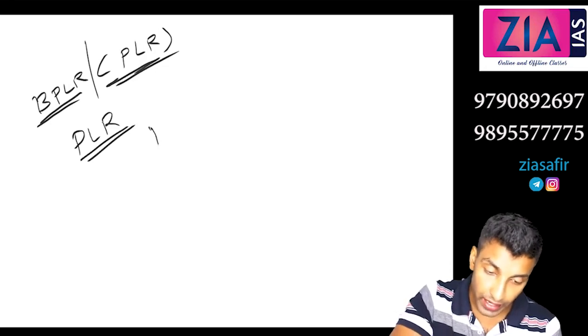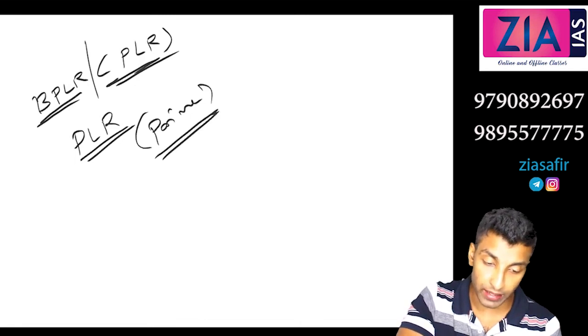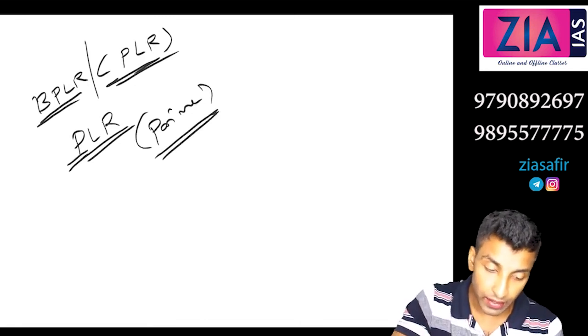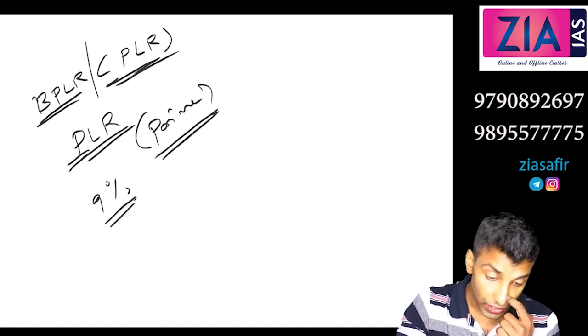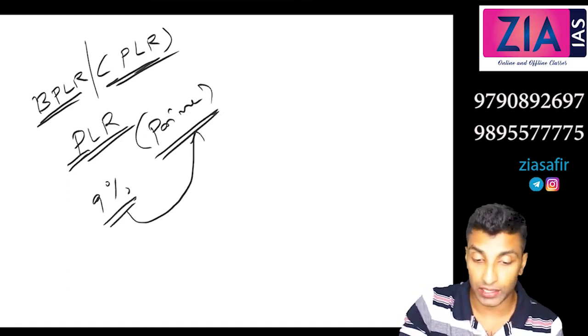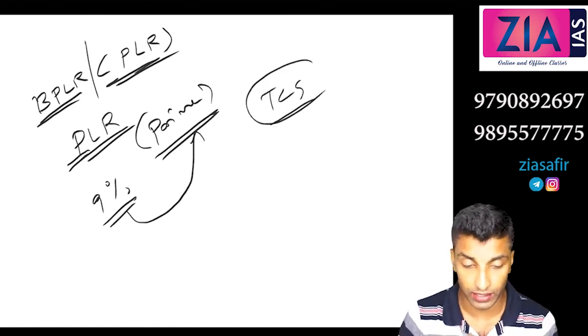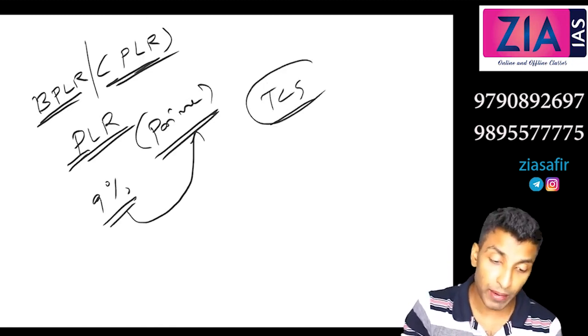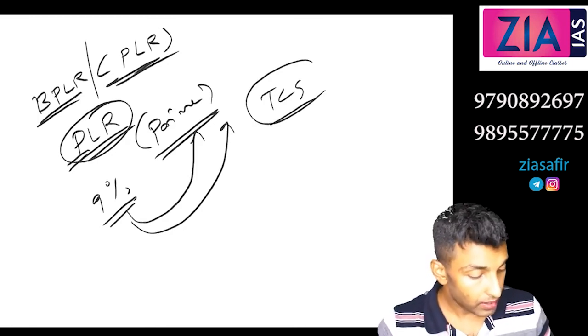Most credit-worthy, in bracket you can write prime borrowers. That's why prime lending rate. This is the interest rate, like 9%, 8%, etc., at which you will lend to the prime customers like TCS, Wipro, Infosys, Reliance, etc., all these companies. So that is why prime lending rate is given to the prime customers.